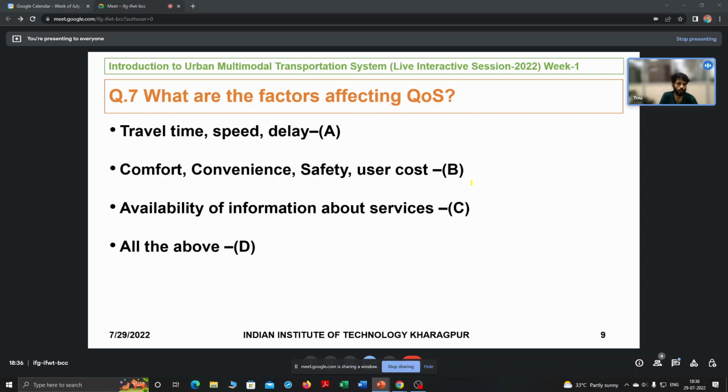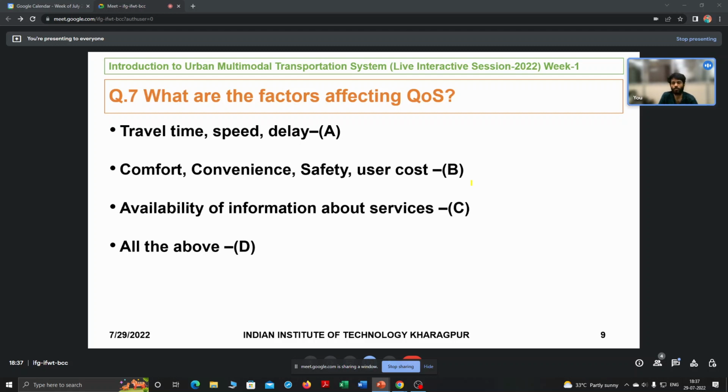If the travel speed of the bus is faster, your travel time will be less. And delay: if your travel time is faster, you are facing less delay also, right? So A surely is correct, these three factors affect the quality of service.